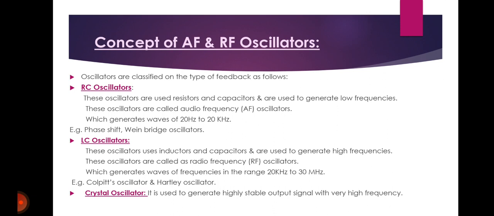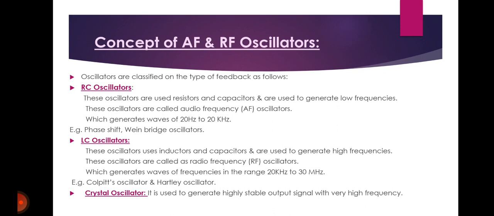These oscillators use resistors and capacitors and are used to generate low frequencies. These oscillators are called audio frequency oscillators, which generate waves of 20 Hz to 20 kHz. Examples of RC oscillators are phase shift and Wien bridge oscillators.